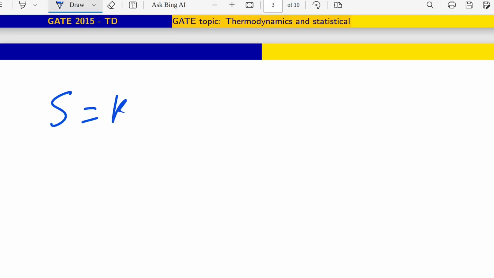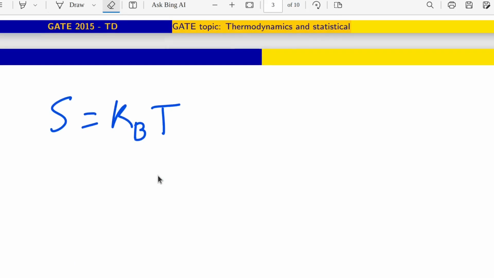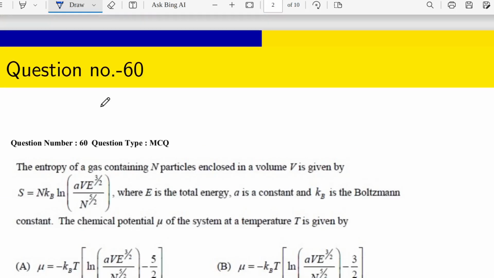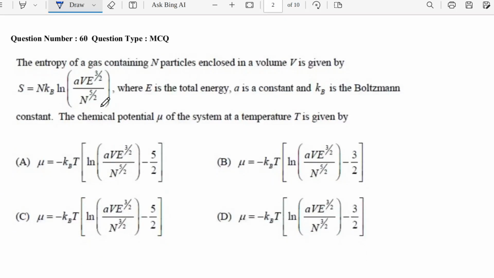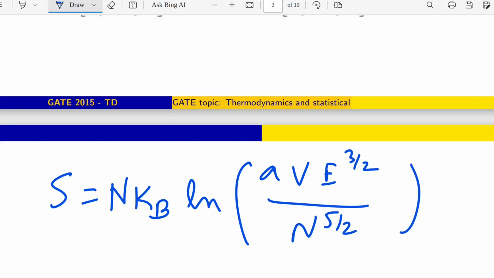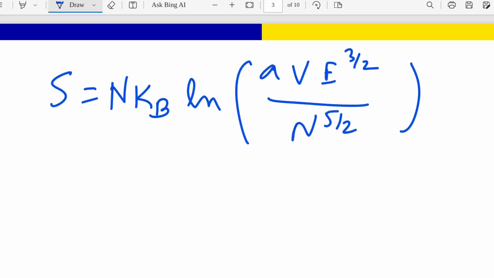So I am going to write here, entropy will be n kB ln[AV E^(3/2) / n^(5/2)]. So this is the entropy of the system, and they are asking about mu, which is chemical potential.